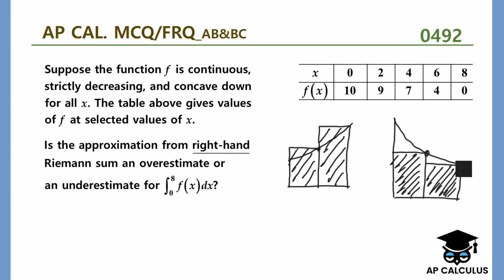So it'll be an underestimate for the definite integral. In this case, function is strictly decreasing, right? So our right-hand Riemann sum for this integral will be an underestimate, all right?